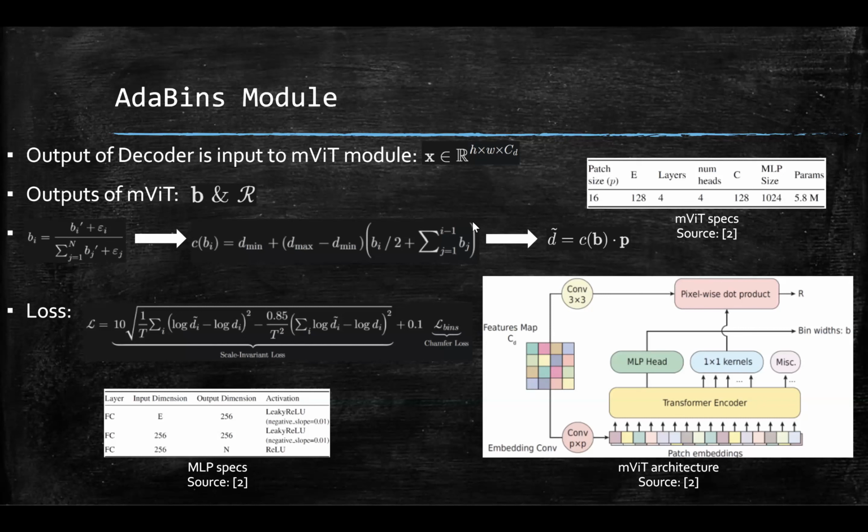Okay, so this use of a transformer-based architecture marks a departure from the convolutional approach typically seen in depth estimation. This architecture leverages self-attention mechanisms, which are particularly adept at capturing global dependencies in data, an essential feature, of course, for understanding complex scenes.